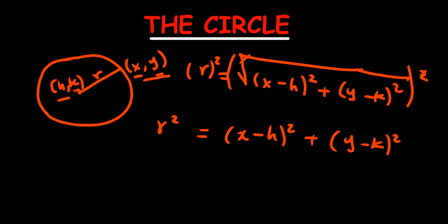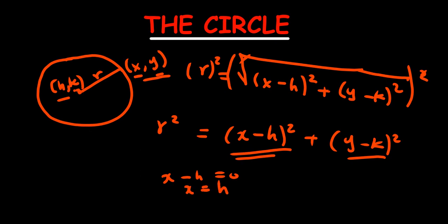If you can see, on the first part you have x minus h squared, then on the second part you have y minus k. From here you can identify your center. When finding your center, you equate this part to 0, so x minus h is equal to 0, meaning x is equal to h.